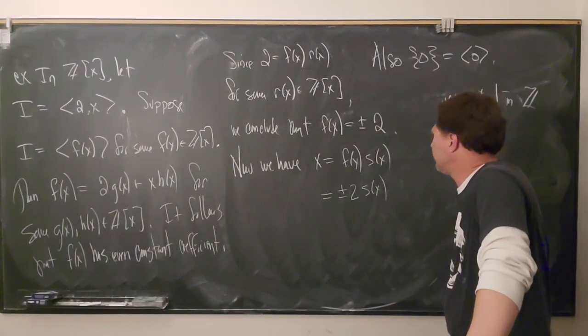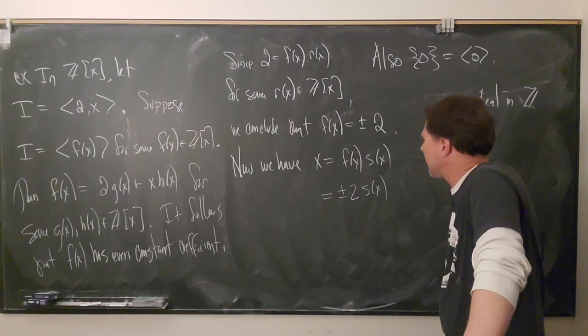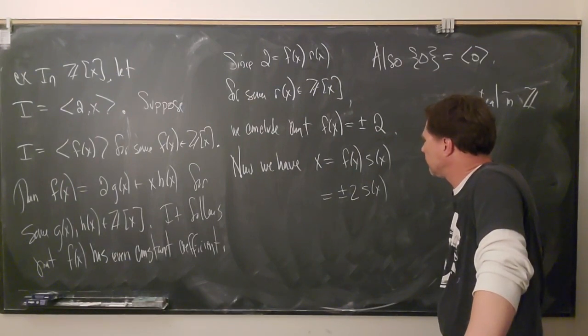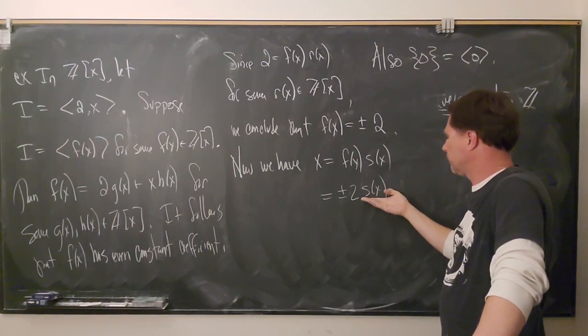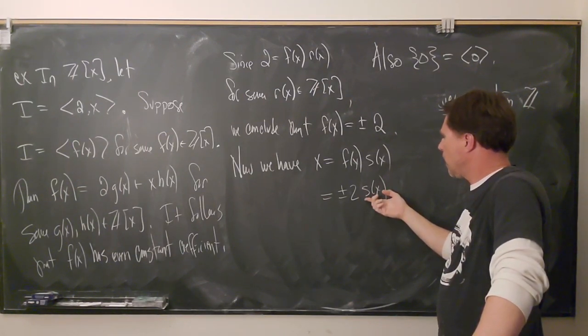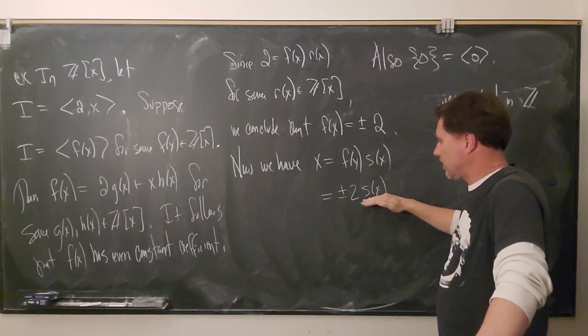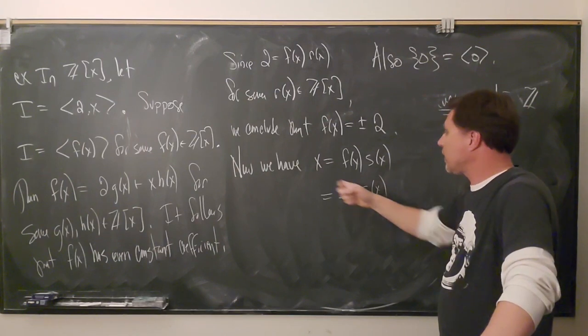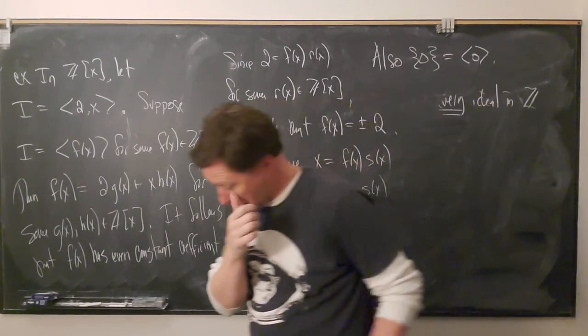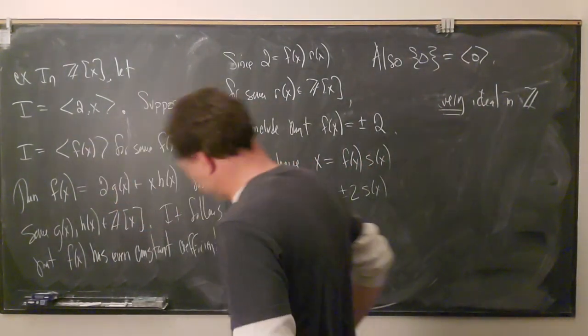That just can't happen, right? Whatever this polynomial is over here, no matter what s(x) is, you are not going to have this equal to x on the other side.